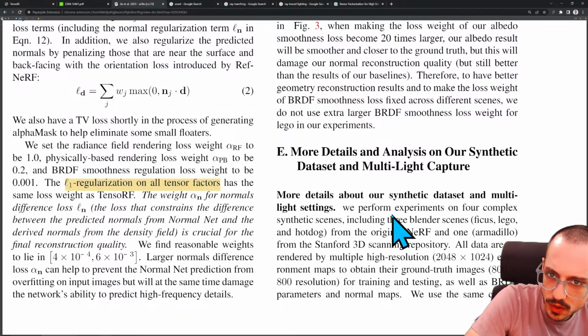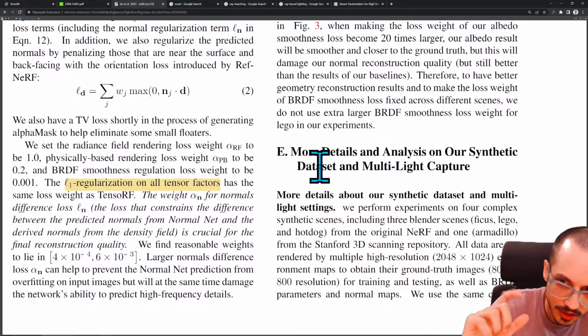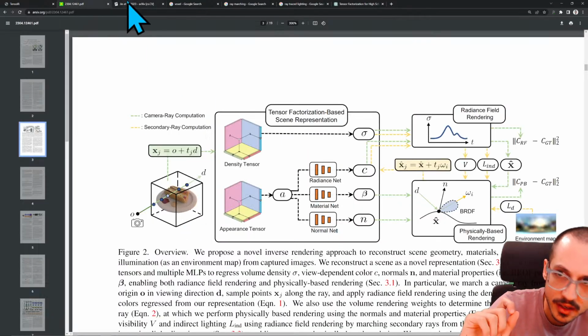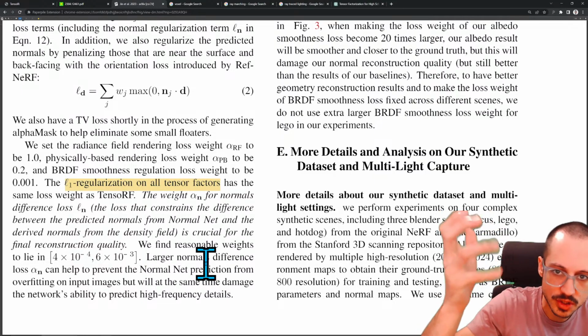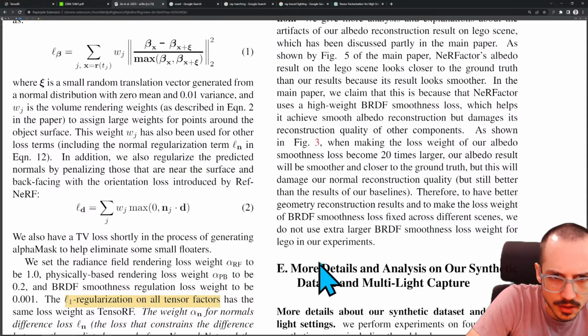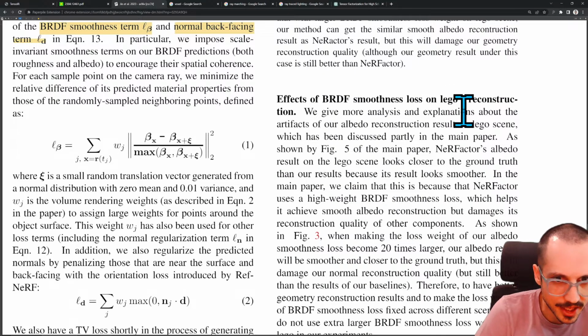So they have L1 regularization on tensor factors, which means that they have an additional loss that prevents the individual terms inside those tensors from getting too big. So, right, you basically don't want individual numbers in there to get really, really huge. Prevents any single part of that tensor factorization from dominating.